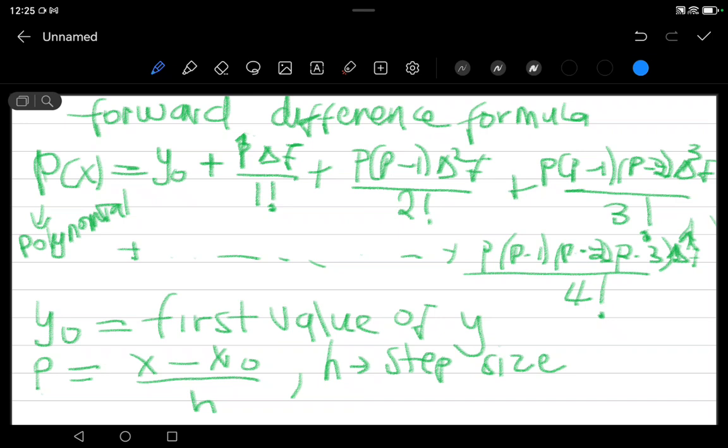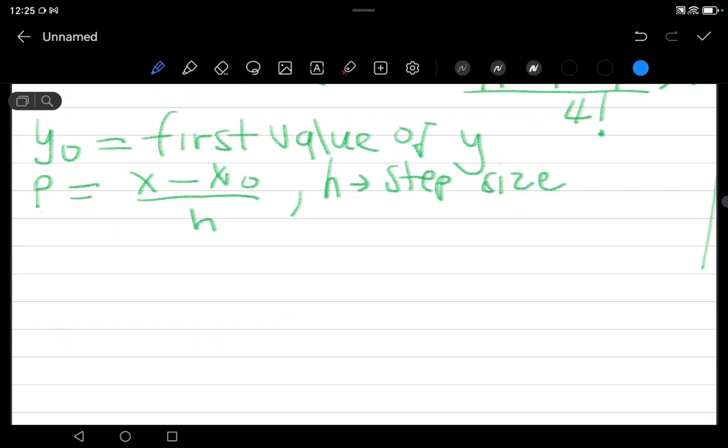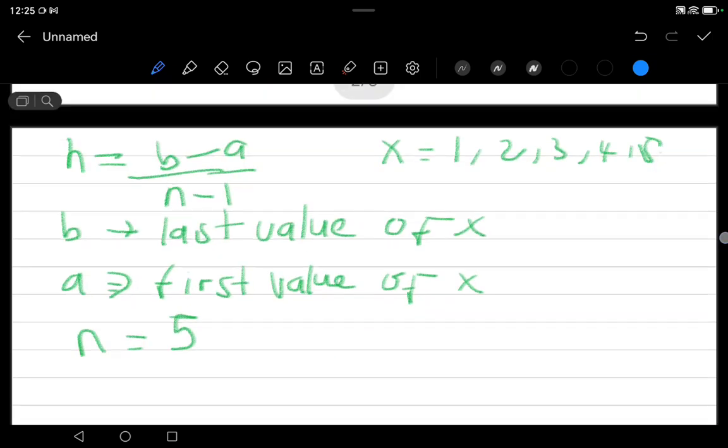This formula depends on where you stopped on your table. On our table, we stop at change to the power 4. If we stop at change to the power 5, you would write up until 5.